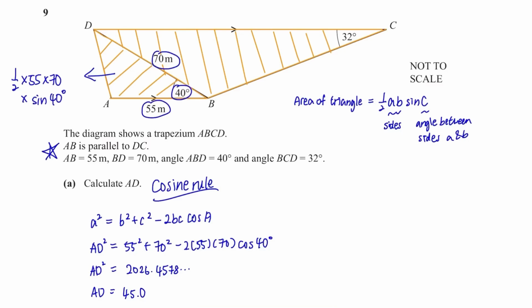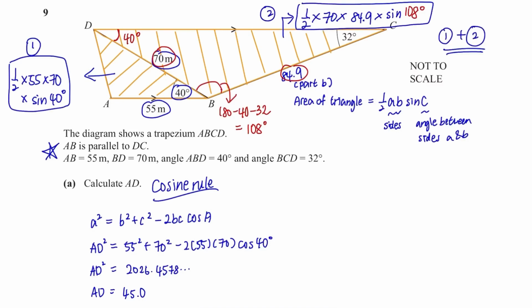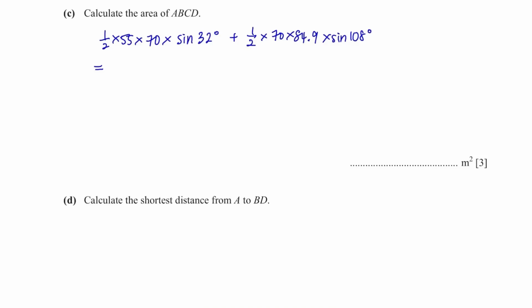And for triangle BCD, it's half times 70 times 84.9 times sine of angle DBC, which is 180 minus 40 minus 32. Add them together and the answer is 4,060 meters squared.